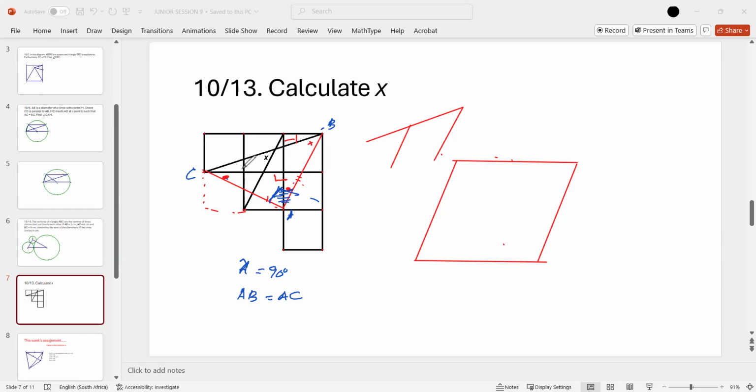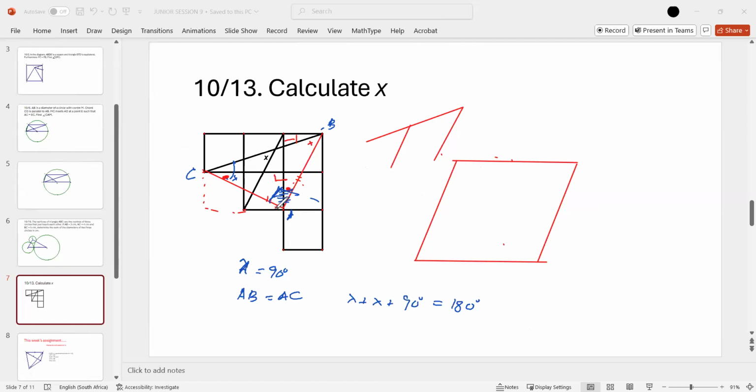The sum of these two angles, yeah, so therefore this whole angle here is x, because this equals that. And the third angle is 90 degrees, so therefore x plus 90 is 180.